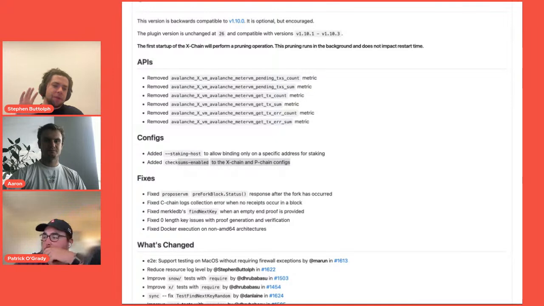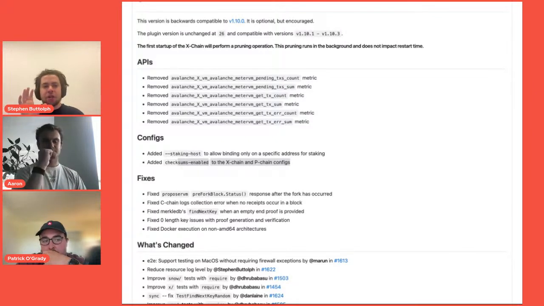Essentially, there was a really subtle bug in the proposer VM, which is the thing that backs Snowman++, and how it exposed the inner chain and the outer chain for the proposer VM headers to the consensus engine, which could result in a bug in bootstrapping that would cause the node to essentially fatal on startup. So that was also fixed in this release.